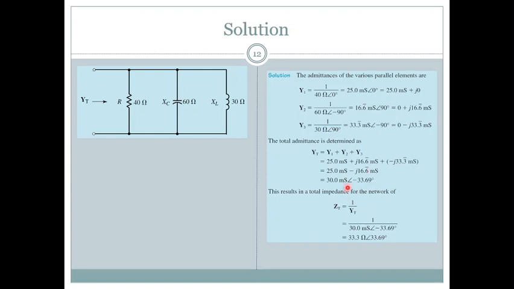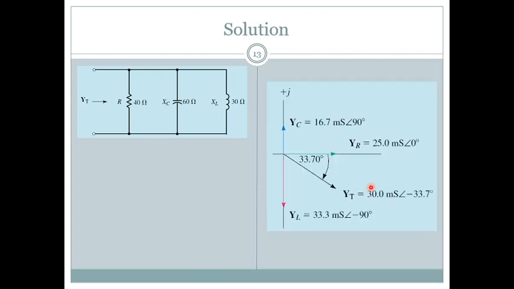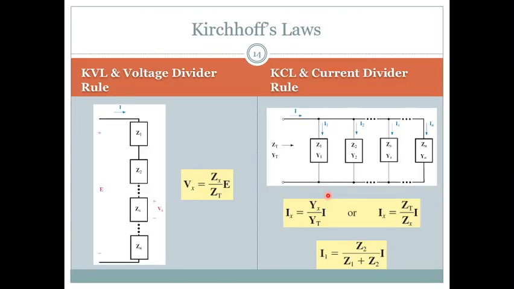You can use the calculator to do all these calculations. And if you want to find the total impedance, it is 1 upon Yt, which is 33.3, angle 33.96. So the admittance diagram is what you show here. It's just the angle and the amplitude that is shown, right?